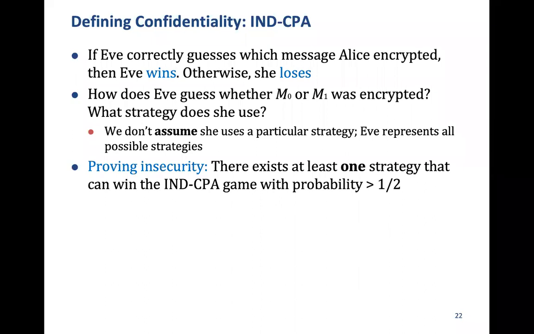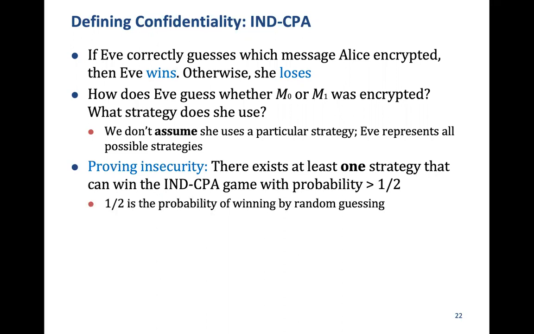Now in the game, proving insecurity means that this whole encryption algorithm is insecure if the probability of winning is greater than half. There must be at least one strategy that can win the IND-CPA game with probability greater than 1/2, because 1/2 is the probability of winning by random guessing.